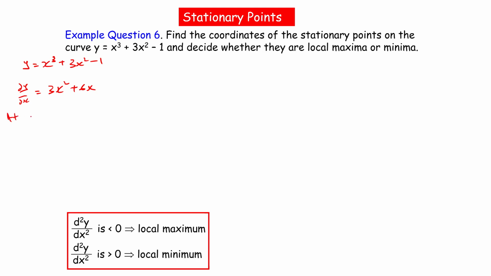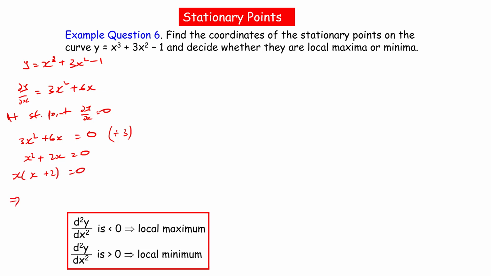Now, at the stationary point, dy by dx equals 0. So we've got 3x squared plus 6x is equal to 0. We can divide by 3. It leaves us with x squared plus 2x equals 0. I can factorize that.